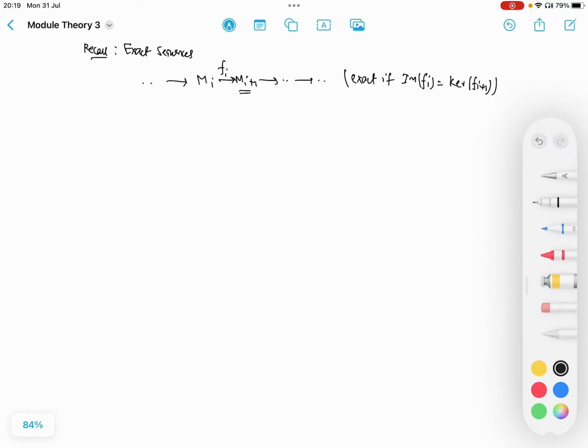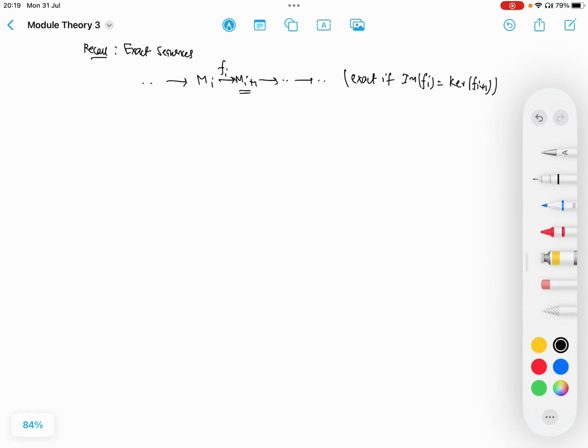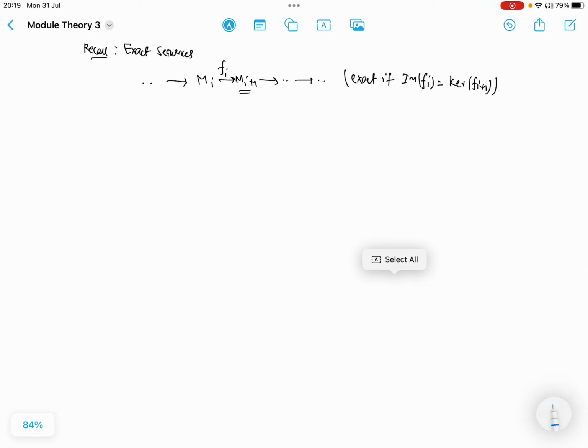So the lemma is two parts. Firstly, let me write the first part. So this is called the five lemma. So here you have two exact sequences of five modules each. So in the first row you have say A1 to A2, A3, A4 and A5.